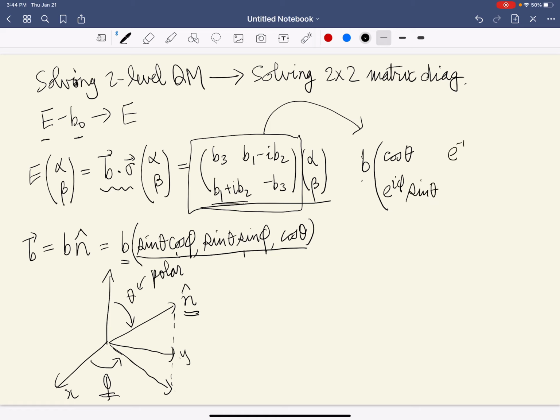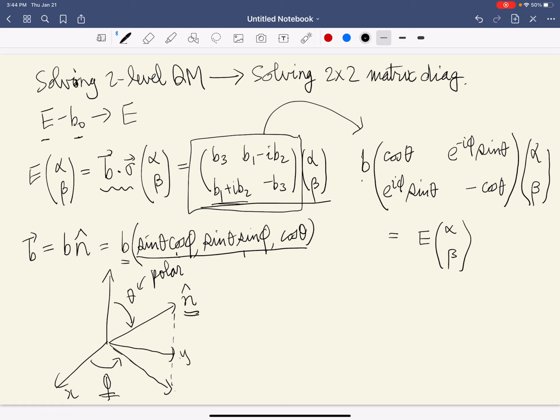And the other off-diagonal element is, of course, the complex conjugate of that. And finally, this element will be minus cosine theta. Okay. So this multiplying my vector will be energy multiplying my vector again.